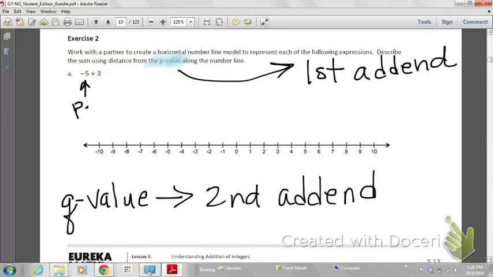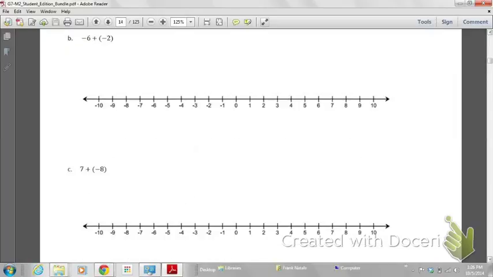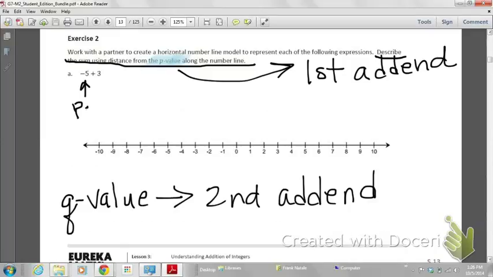So what they want you to do is describe the sum, how it relates in terms of the distance from the p-value, or the distance from the first addend. There are a few of these, right? Let's just do this one right now together.